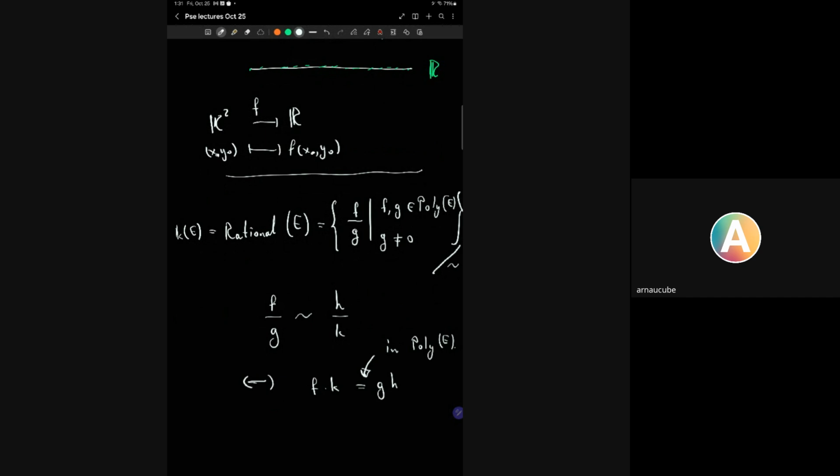Okay, and just like in polynomials, we have the algebraic description of rational functions, but you can also think of them as a geometric function.